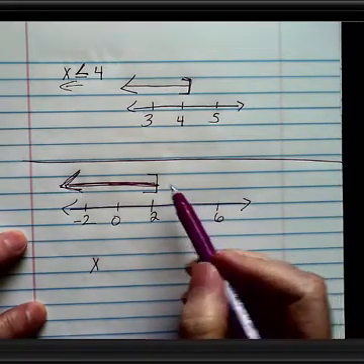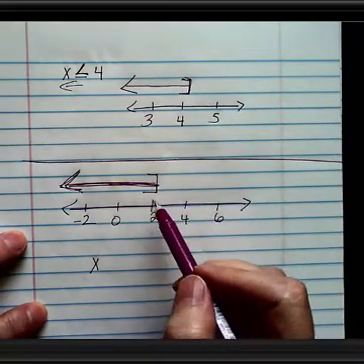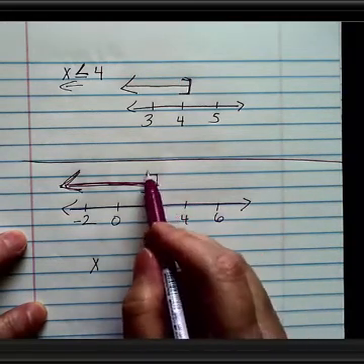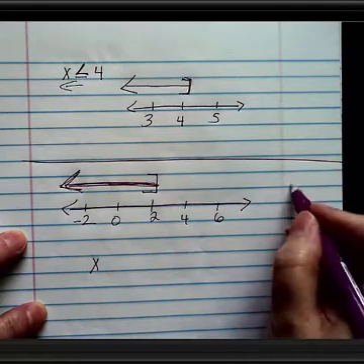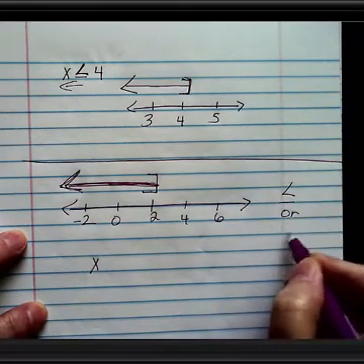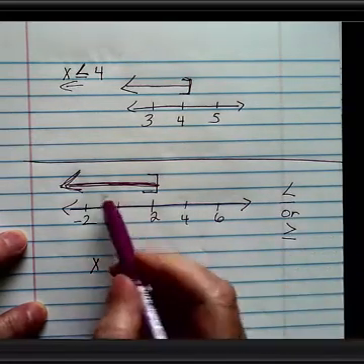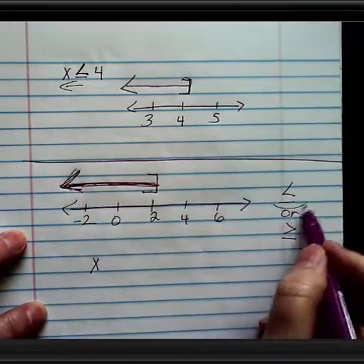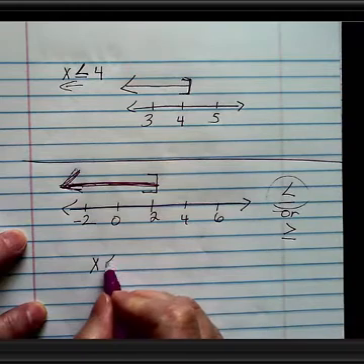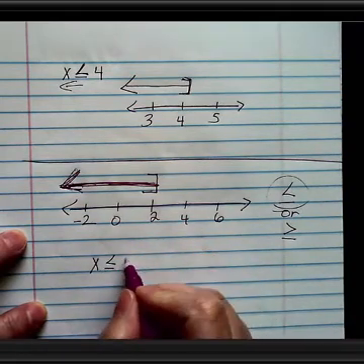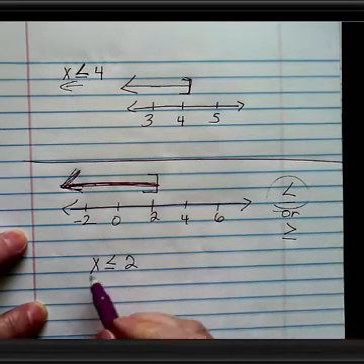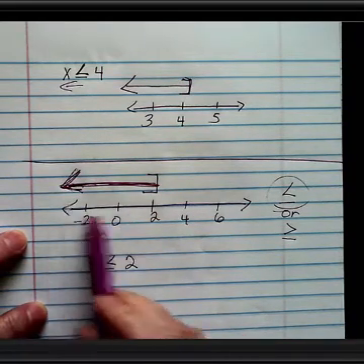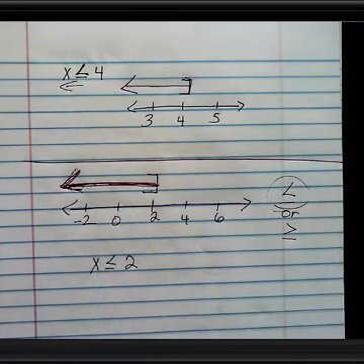Now, is it a less than or greater than, or less than and equal to, greater than or equal to? Since it's the bracket, it's going to be this or this. Now, which way is my arrow going? That way. So that means it's got to be this one. And where did it end up at? 2. And this is saying x is less than or equal to 2. So are these the numbers less than or equal to 2? Yes.